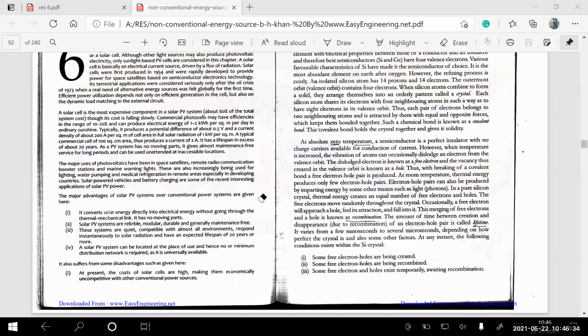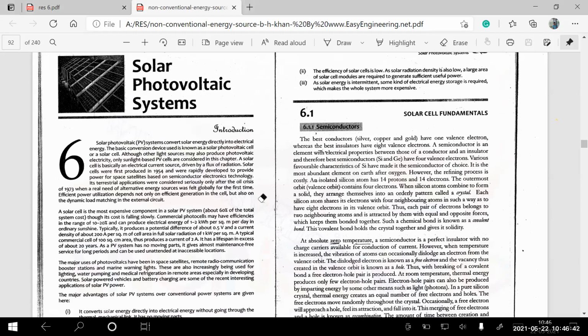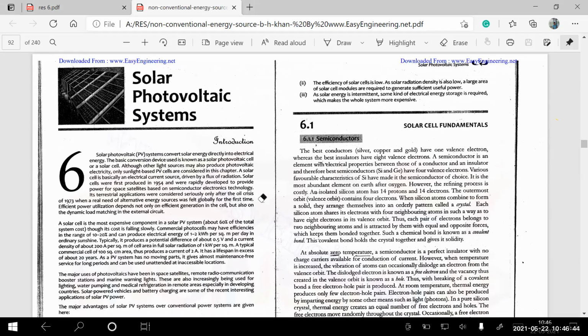And the solar is unpredictable. Another factor is efficiency, the efficiency of solar panels or solar cells is low. So these are the advantages and disadvantages.